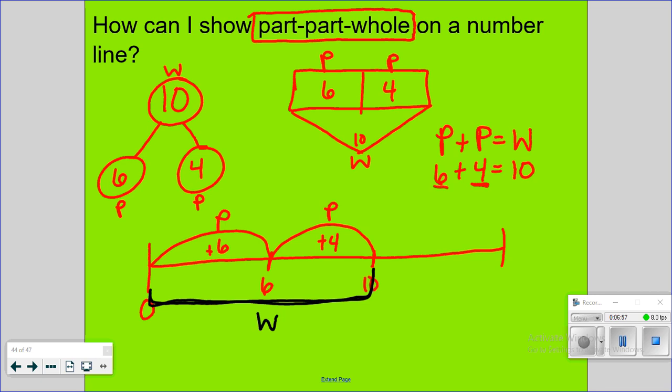Now that I drew it like this, does that kind of look like a model? Yeah. It's on the number line. It looks similar to this one. Maybe not so much my number bonds, but we know that they're telling me the same information, even though they look different.